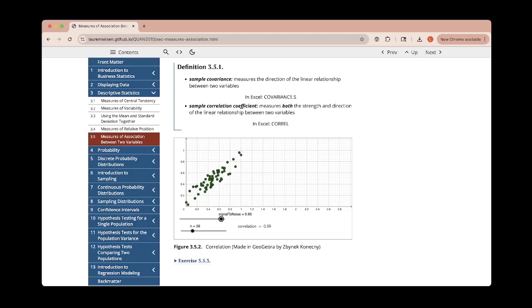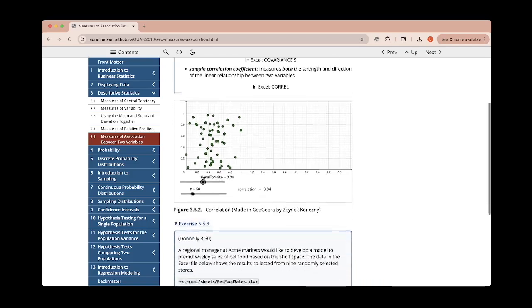If it's not perfect but a strong linear relationship, that correlation coefficient will be close to 1. And if I go the other way and have a perfect negative linear relationship where the slope is negative, the correlation coefficient will be -1. And so a correlation coefficient close to 0 means that I don't have a strong linear relationship between the variables.